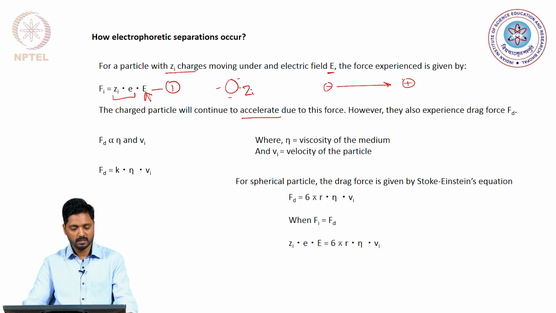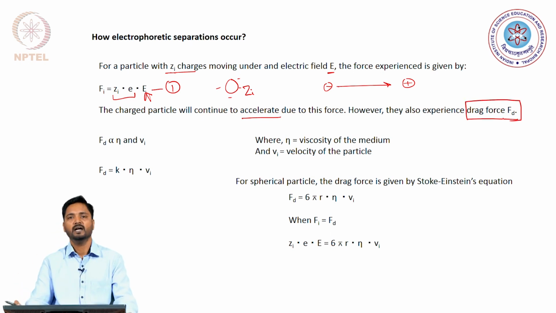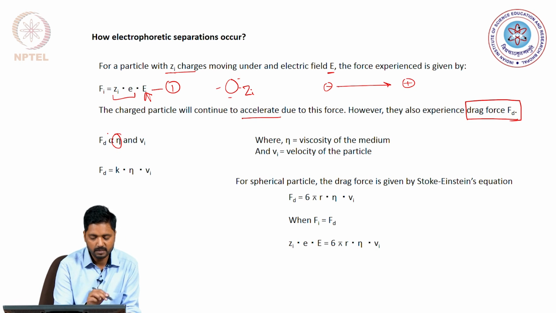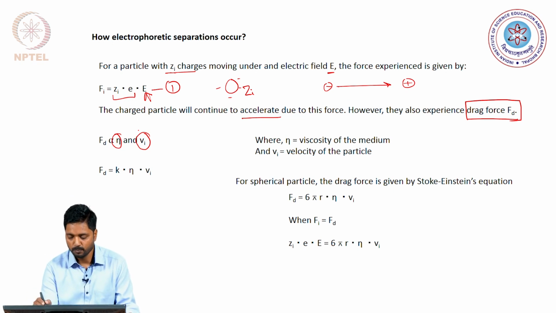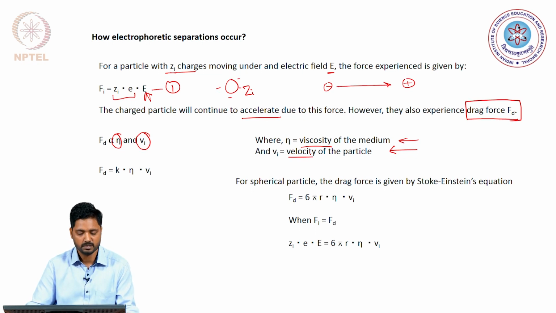However, when the particle is undergoing this acceleration due to the electric force, it also experiences a drag force, which is defined by Fd, and this drag force is proportional to the viscosity of the medium as well as the velocity of the particle. So, both these factors, viscosity and velocity, play a part in dictating what is the drag force that is being experienced by the particle that is undergoing acceleration.